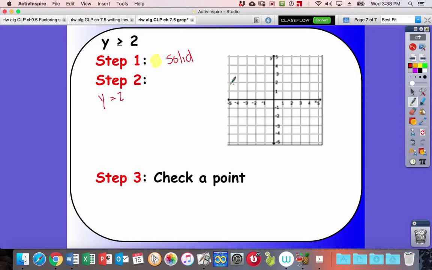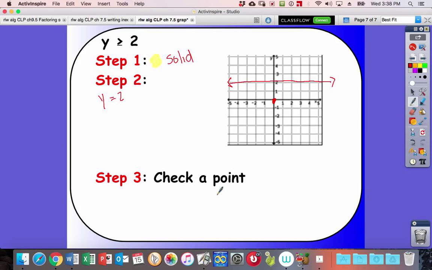Now y equals 2 happens to be a horizontal line right there. No matter what I pick for x, y is always equal to 2. Okay, now I'm going to check a point. So I think I'll pick (0, 0), because that's the easiest one.